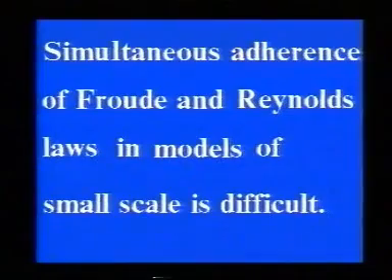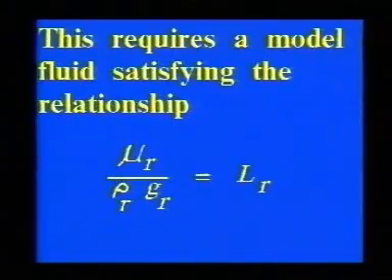Simultaneous adherence of Froude and Reynolds laws in models of small scale is difficult. This requires a model fluid satisfying the relationship mu r divided by the product of rho r and gr is equal to Lr.